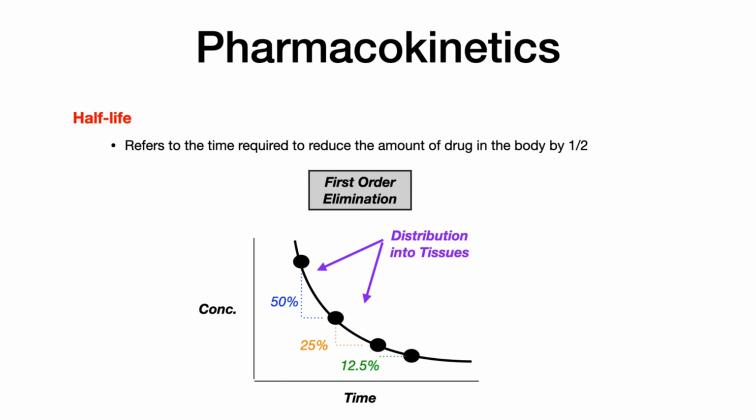The drug is either being attached to plasma proteins and riding the plasma, or being deposited into fat tissues. That distribution, shoving the drug into its right compartments, is going to reduce the concentration. And this big drop at the beginning of the curve is due to distribution. It's not due to elimination.